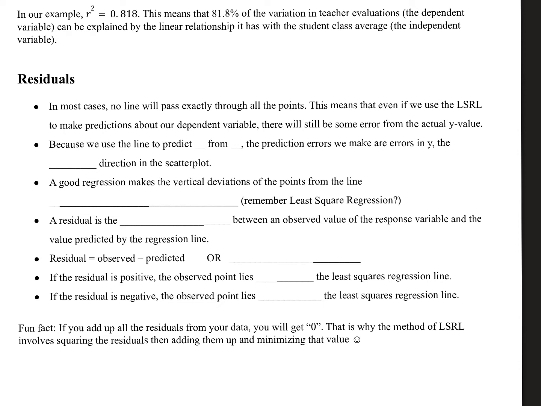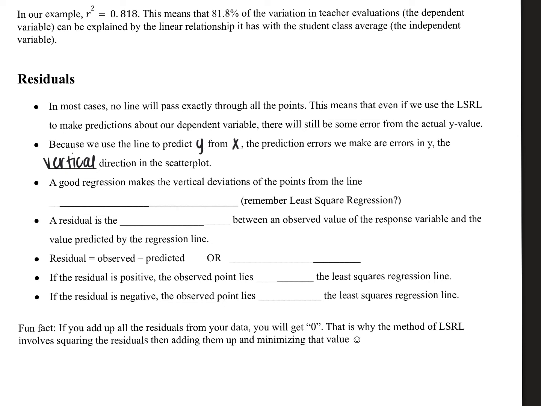So because we used the line to predict y from x, the prediction errors we make are errors in y, which is the vertical direction in the scatter plot.